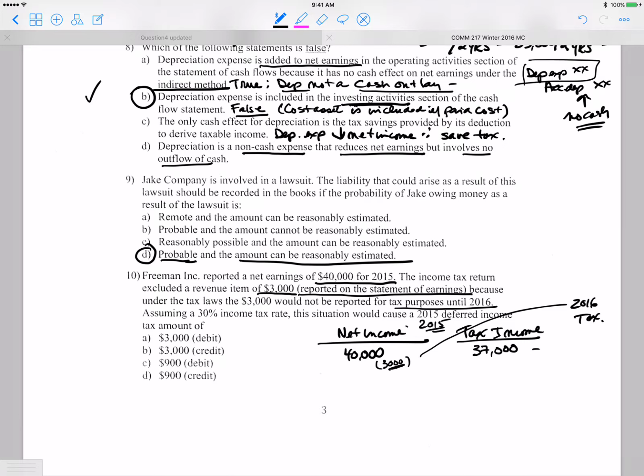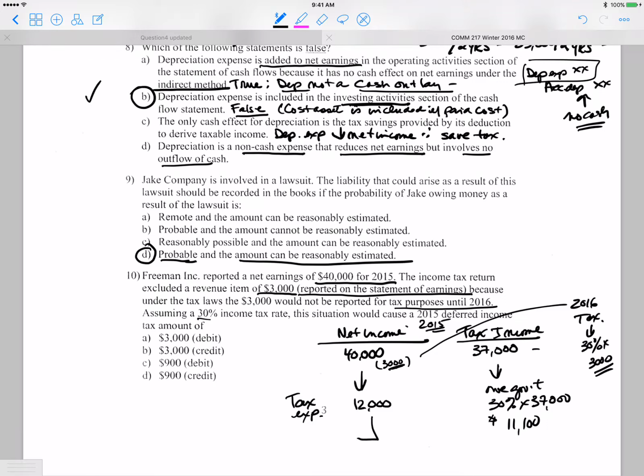On the statement of income, you're going to record your tax expense at 30%. So 30% of 40,000 is 12,000. What you owe to the government is 30% of 37,000, which is 11,100. The 30% tax on the difference, this 3,000, will be paid later.